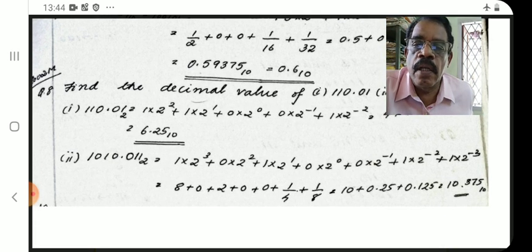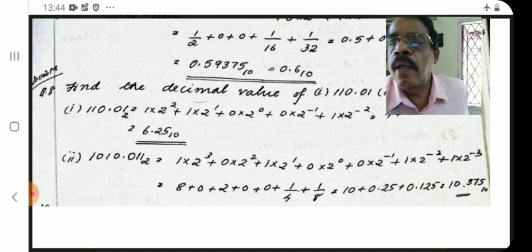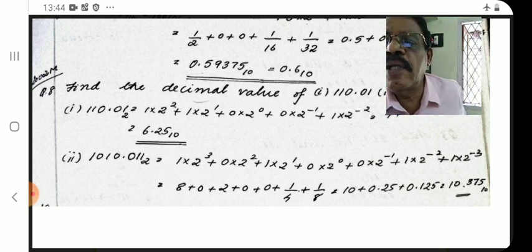Next question, 1010.011 to the base 2. That is 1 × 2^3, 4 digits.